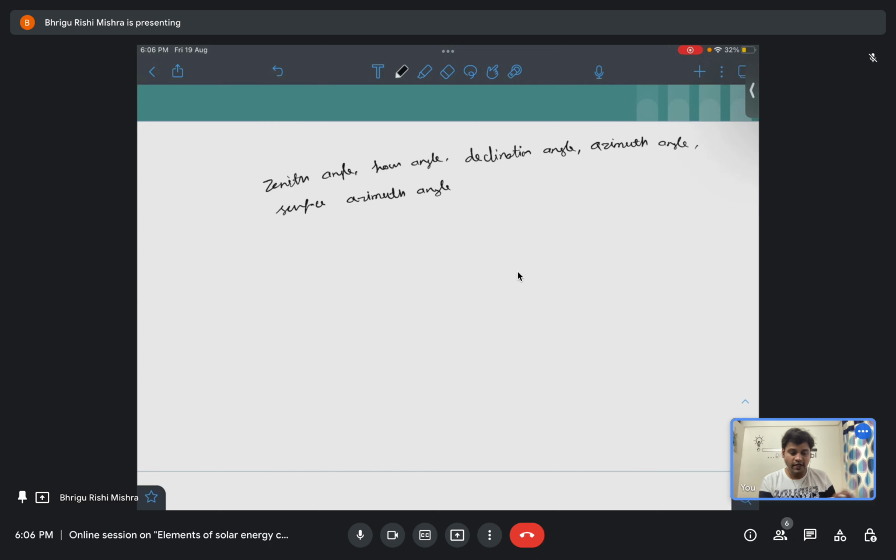So we need to calculate these angles with reference to the particular location.